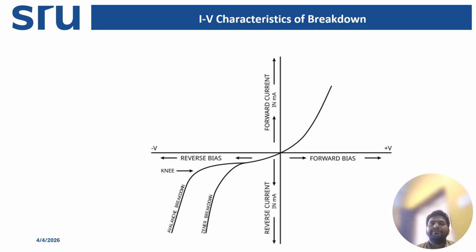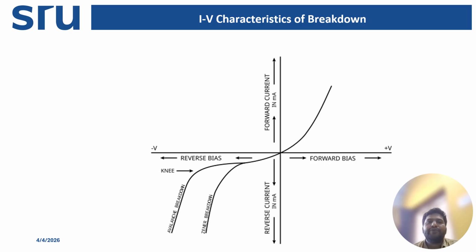Before breakdown, when reverse voltage is small, current is very small. It remains almost constant. This current is called reverse saturation current. On the graph, it appears as a nearly flat line close to the voltage axis.